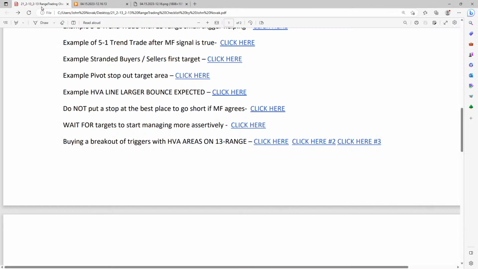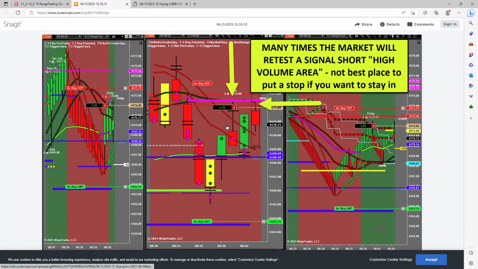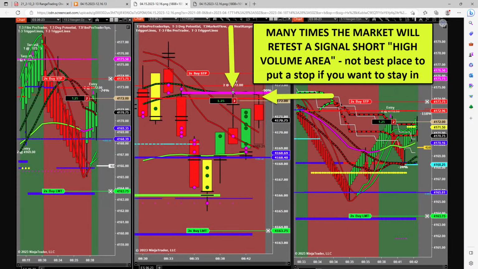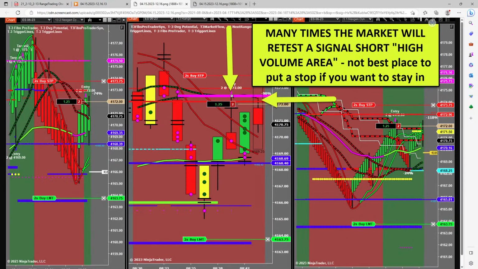All right. So again, the thought process is don't put your stop at the best place to go short. When you look at this, remember we already had the high volume line, and then we had a sell signal. And then we had a high volume area from the sell signal, which was pretty much the best spot to go short.